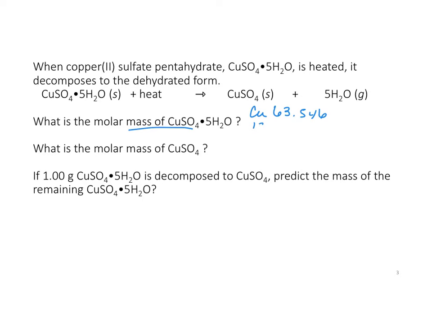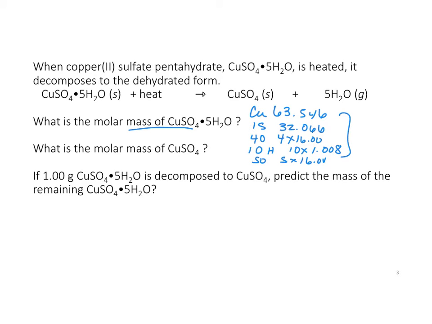You have 1 sulfur, that is 32.066. You have 4 oxygens here, so that's 4 times 16. Then you have 5 times 2, so 10 hydrogens, so it's 10 times 1.008, and then you have 5 oxygens here, so that's 5 times 16.